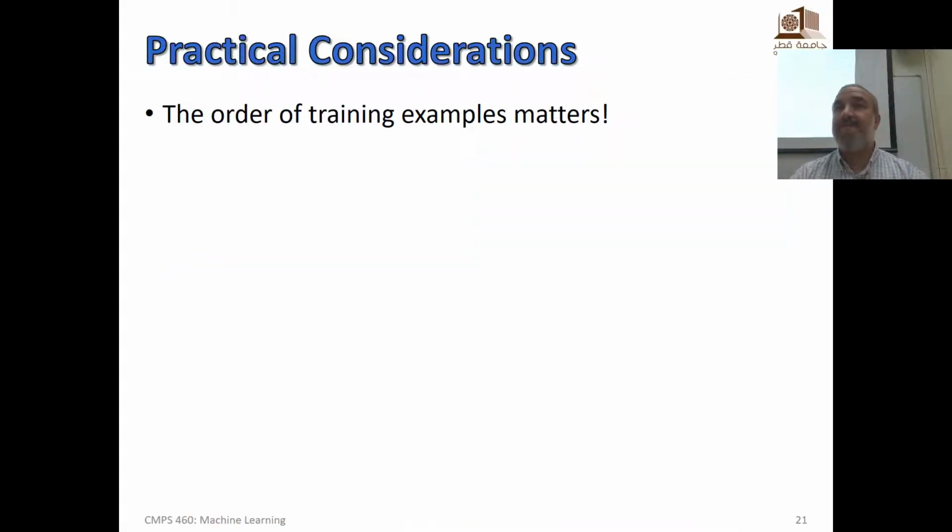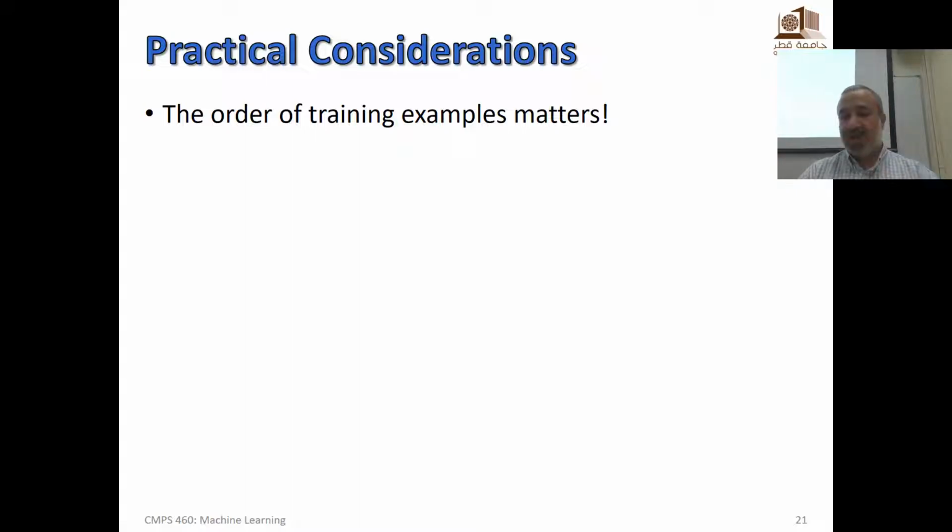So we mentioned three things. The first one was the order of training examples. Because we are updating the model with every mistake, and with every new example we might update or might not, the updates of the model will depend on the order of the examples.